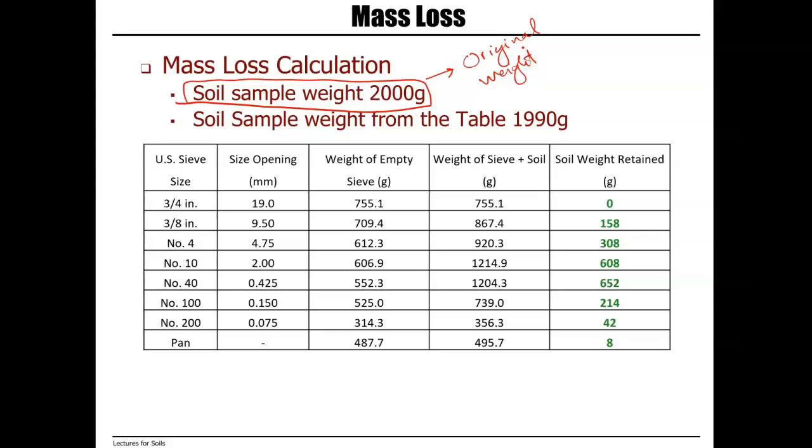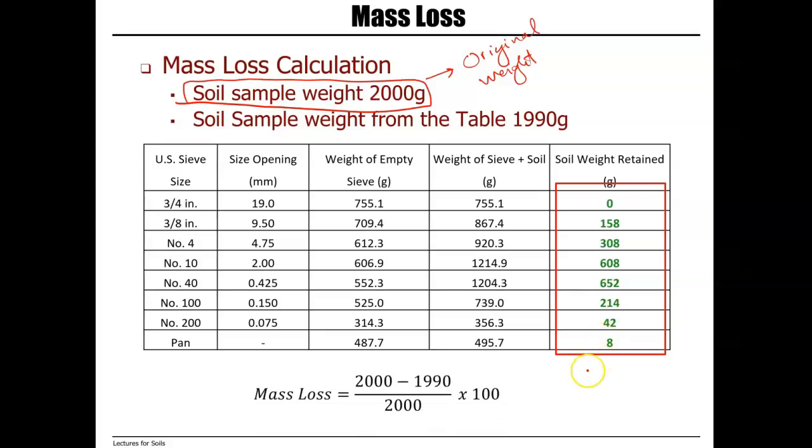When we do the test, we add all the numbers in soil weight retained, and the sum of these numbers is equal to 1990 grams. So we lost around 10 grams of soil material while performing the test.